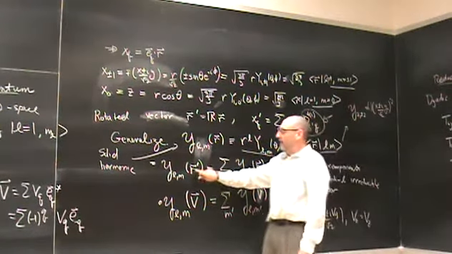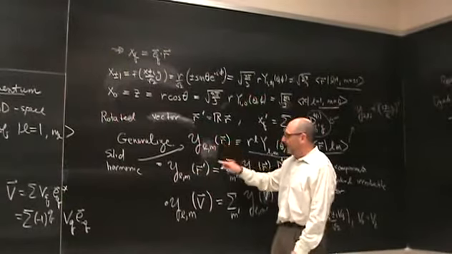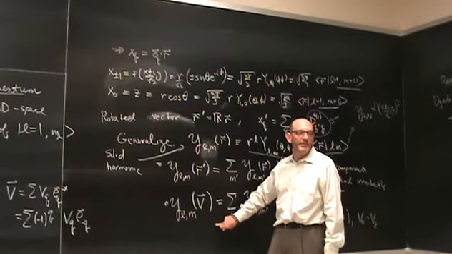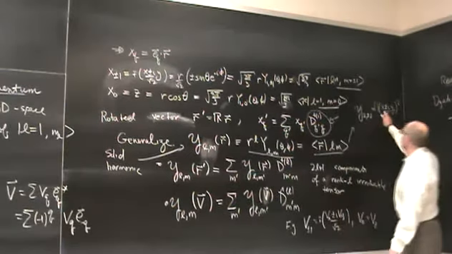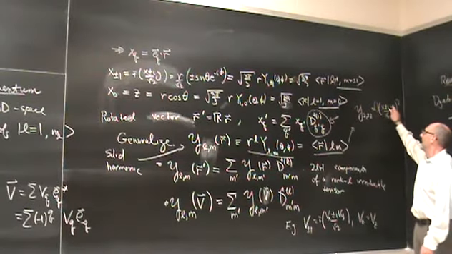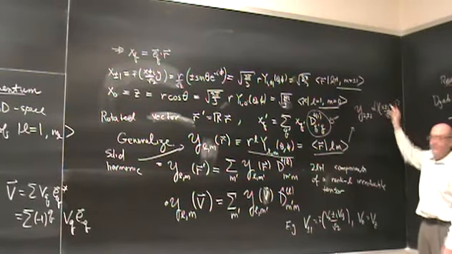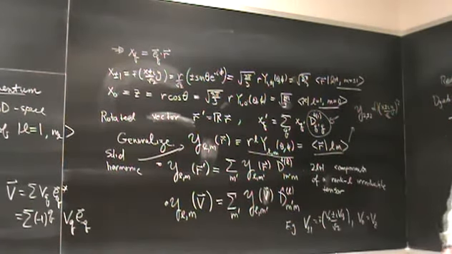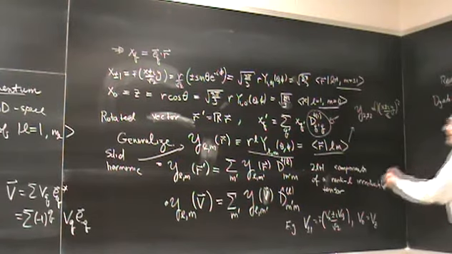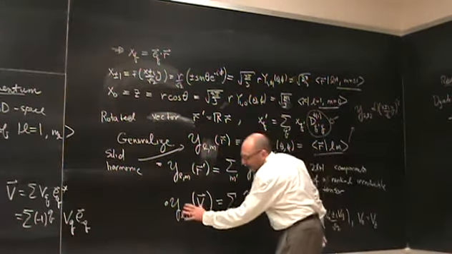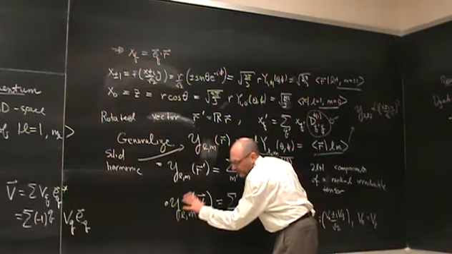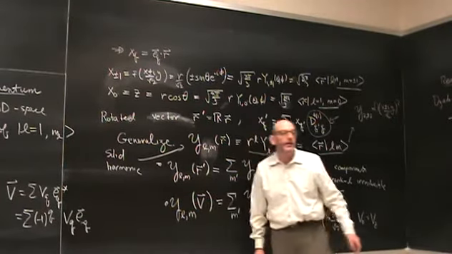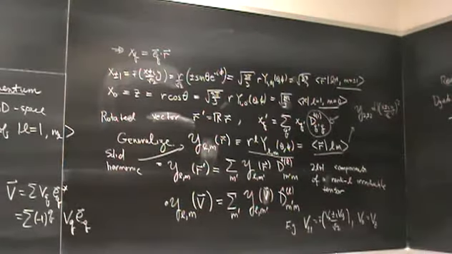It doesn't matter, if I plug in here instead of x, y, z, v sub x, v sub y, v sub z. So this would be v sub x plus or minus i v sub y to the power 2. That transforms the same way. Okay? And there are 2L plus 1 different such polynomials in the components of v_x, v_y, and v_z. There are 2L plus 1 of them.